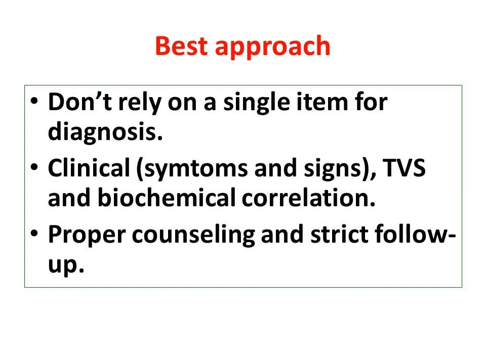You have to correlate between the clinical situation, the sonographic situation, and the biochemical situation, with strict follow-up and proper counseling of your patient about the expectant, medical or surgical approaches. This is the key of success in management of a case of suspected ectopic pregnancy.